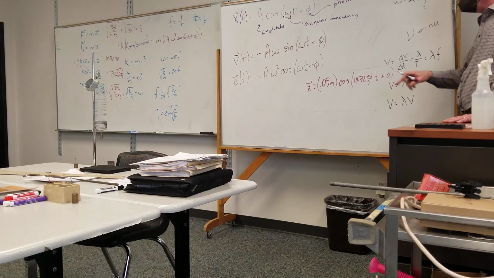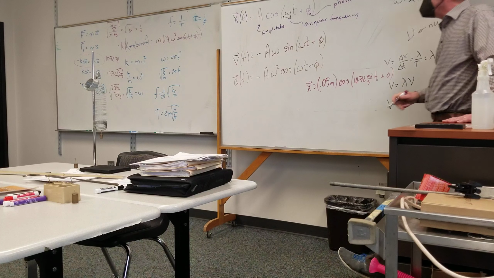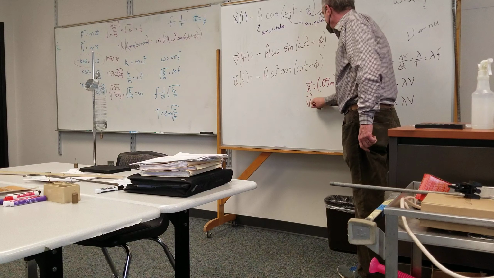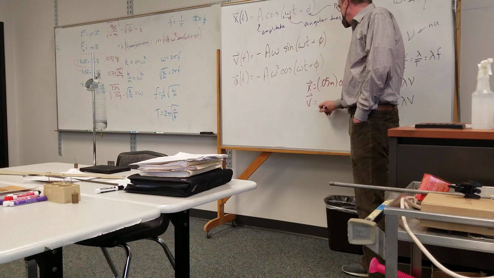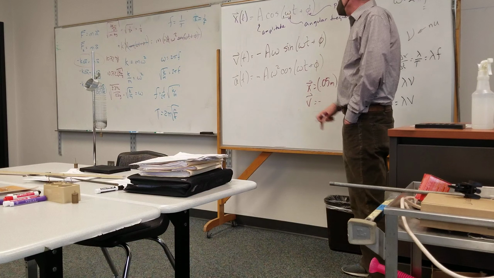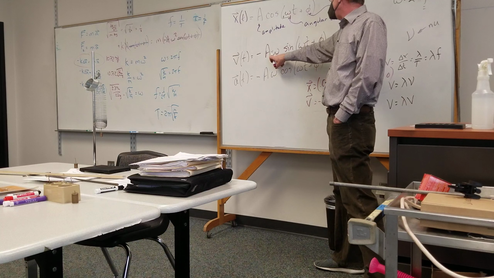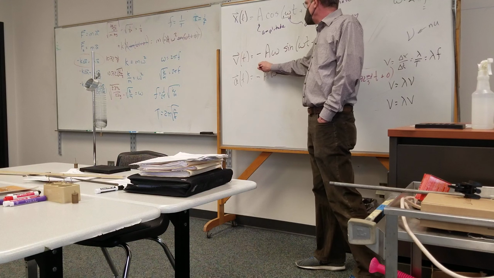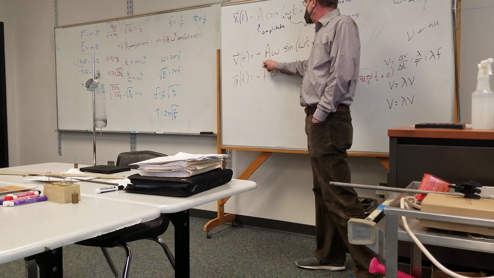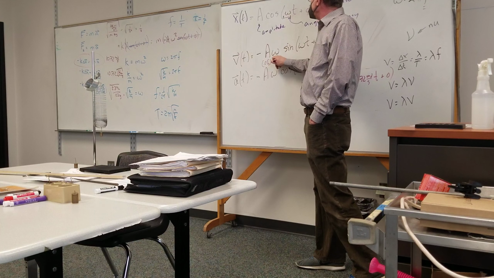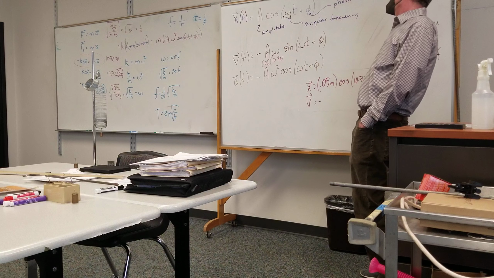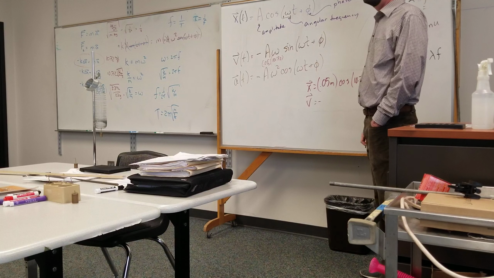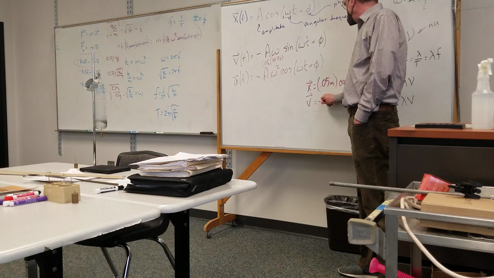Anyway, that's the equation for my position graph. My velocity graph would be negative a times omega. Well, omega is 10.72, a is 0.05, so 0.05 times 10.72 is 0.536, so negative 0.536.